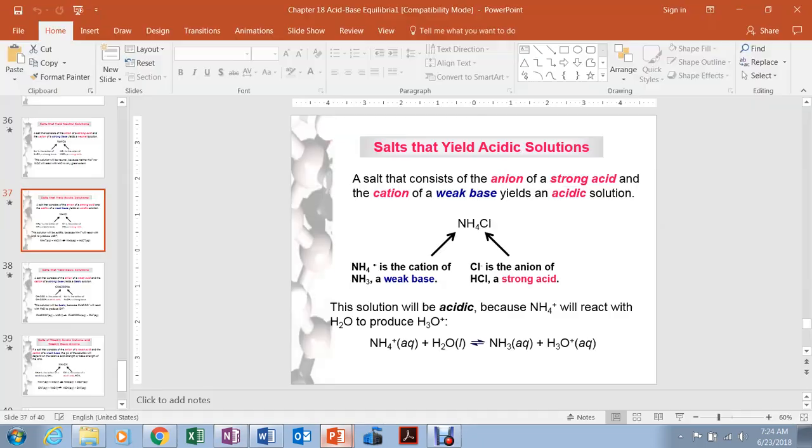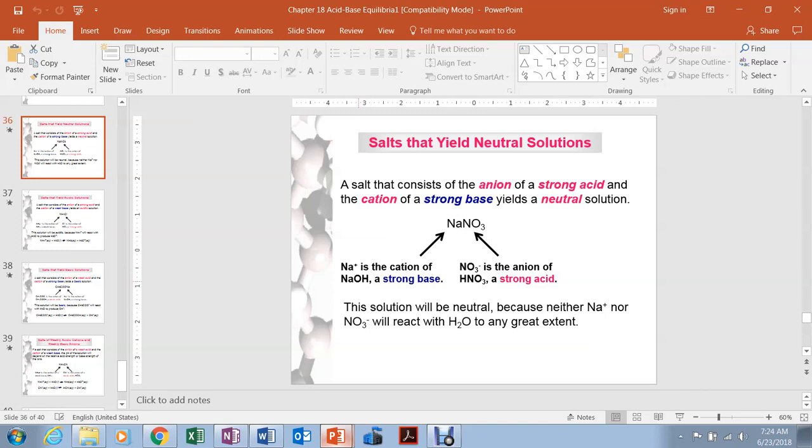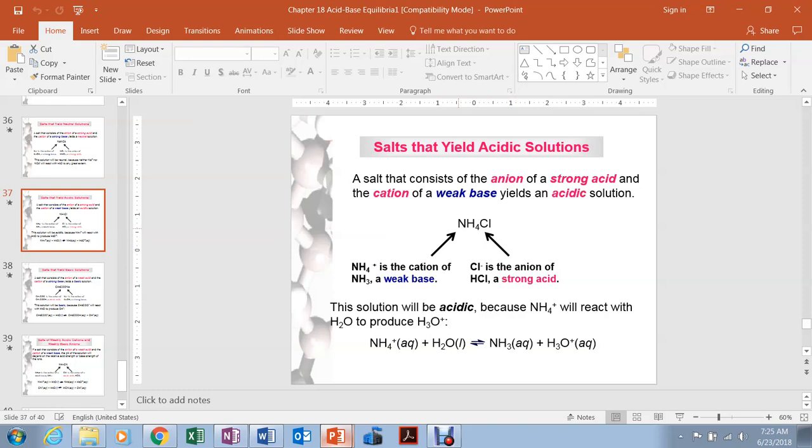If you look at this, when you got a salt, the salt is formed by a strong acid and a weak base, for example, let me put this example. The NH4 is the conjugate acid of a weak base, and Cl minus is the anion of the HCl, a strong acid.